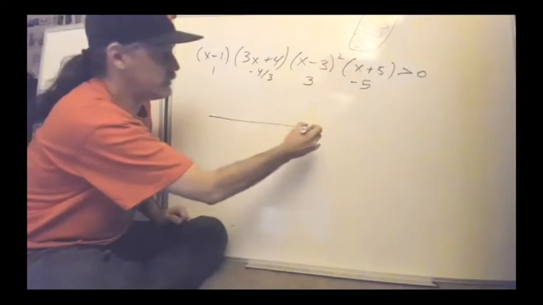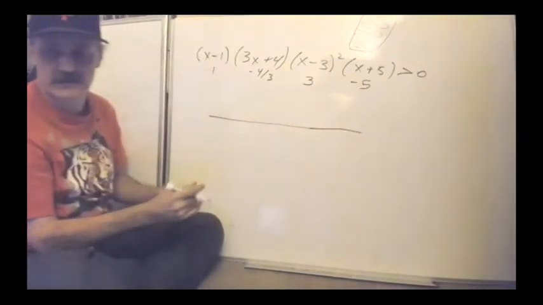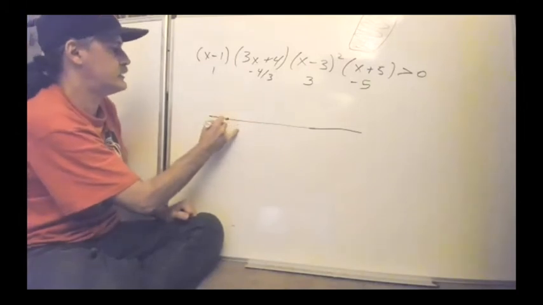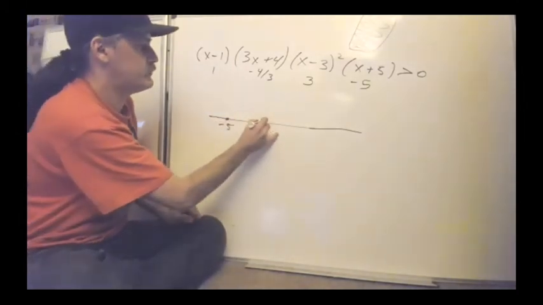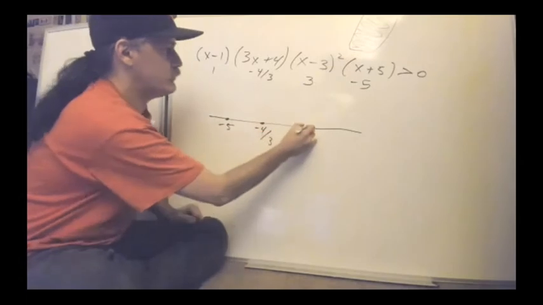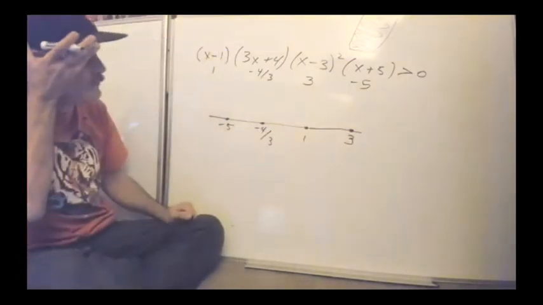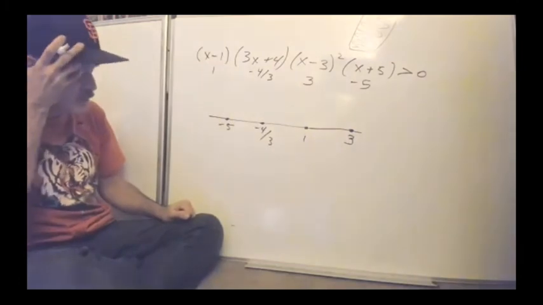Okay, and I'm not going to try to do this spatially correct. I just want to make sure there's enough room. All right, so -5, I'll put a dot here, -4/3, 1, and 3.